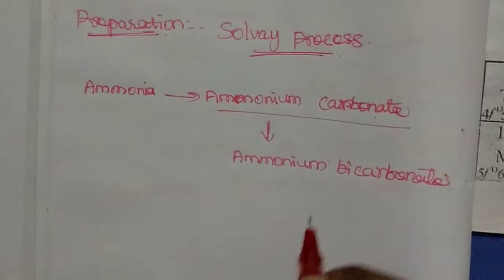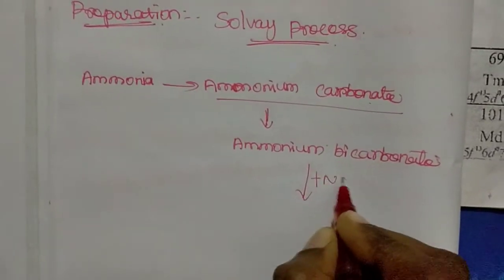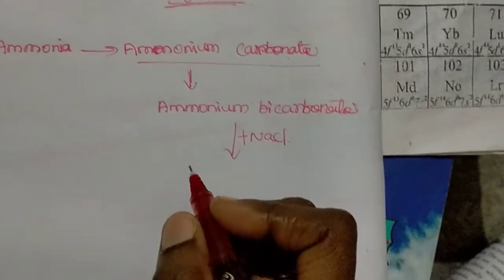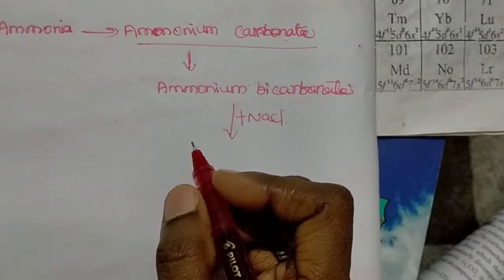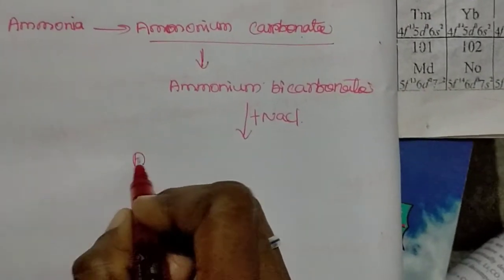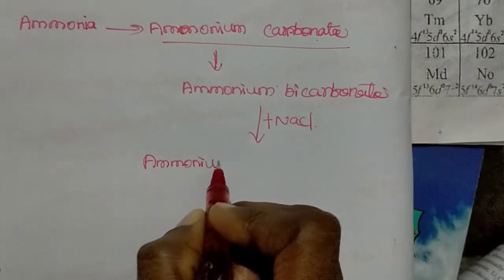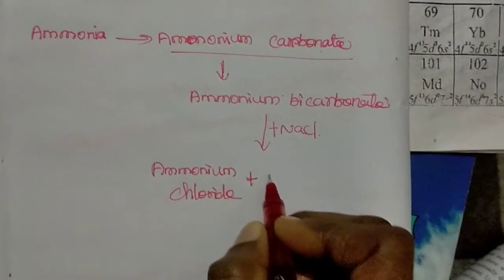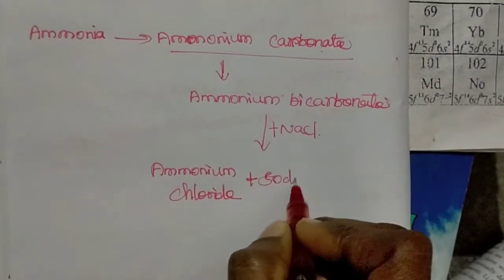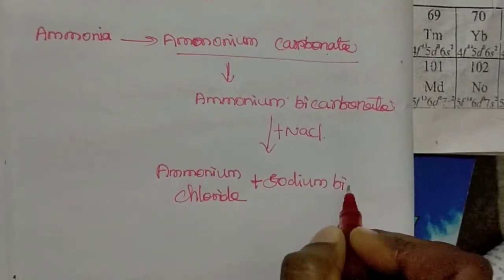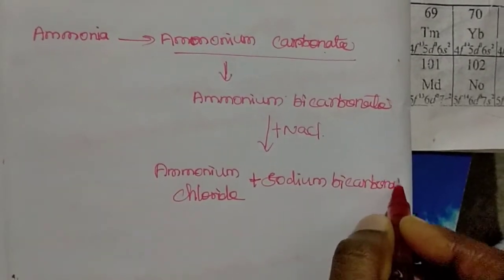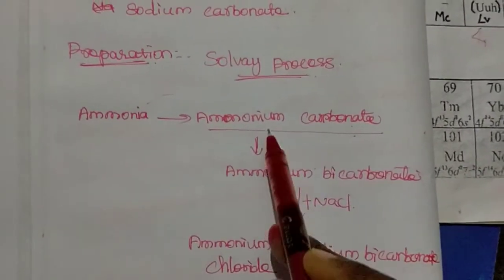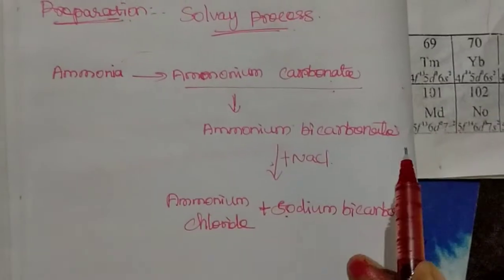Again, we treat this ammonium bicarbonate with sodium chloride and it gives two products: sodium bicarbonate and ammonium chloride. This is the first step, second step, third step and fourth step.